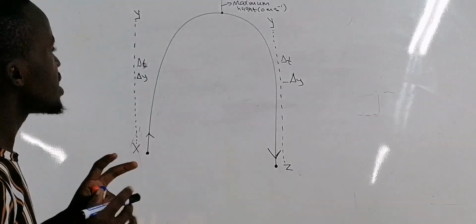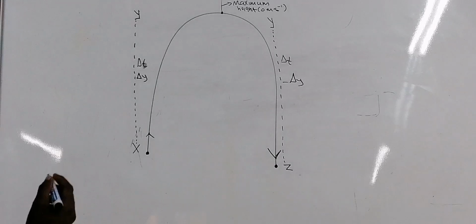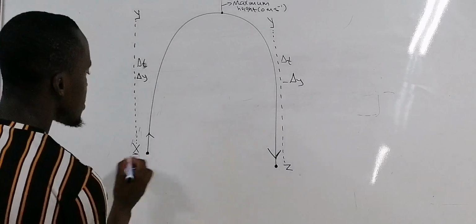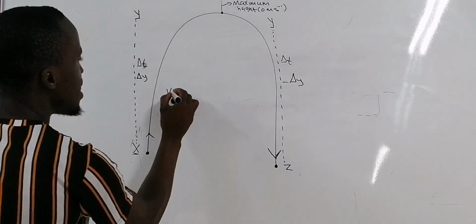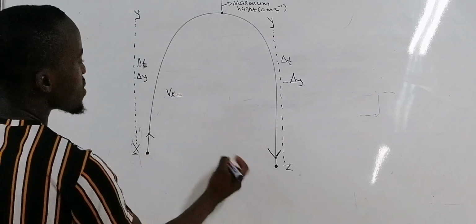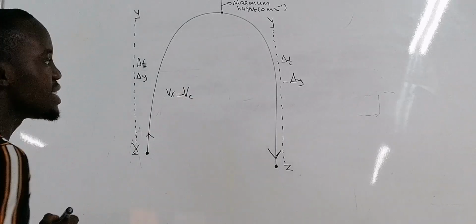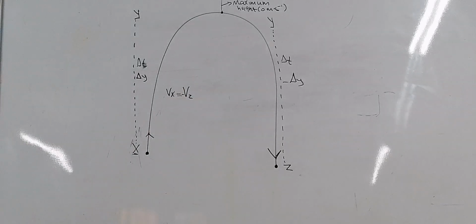It's very, very important. And what else you must know is that when we talk about the velocity at x, the velocity at x must be equal to the velocity at z, but in the downward, or opposite, direction.